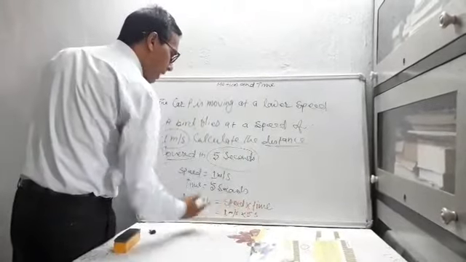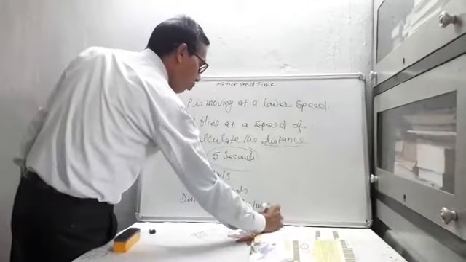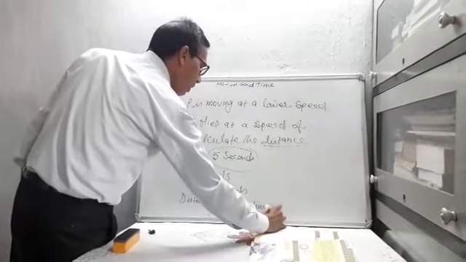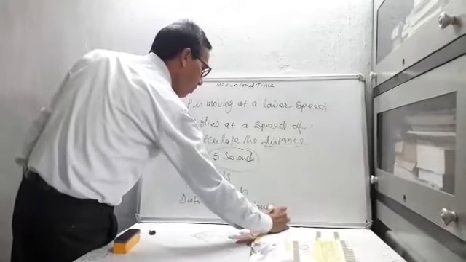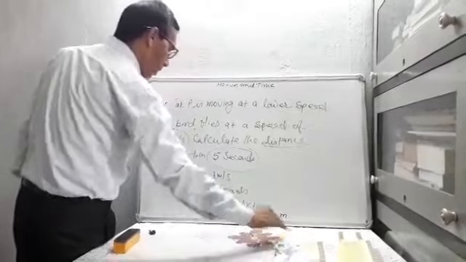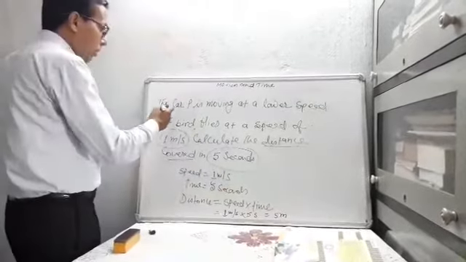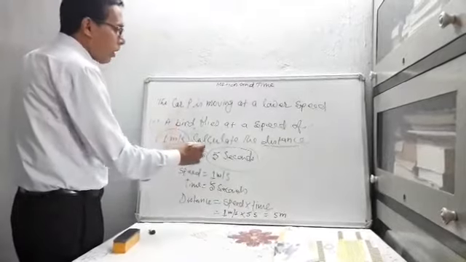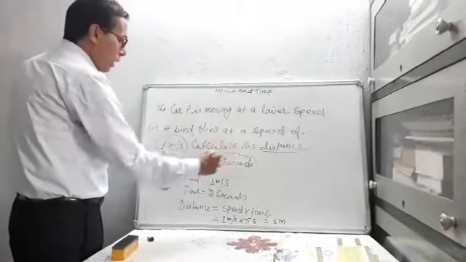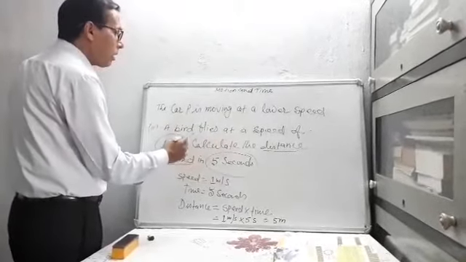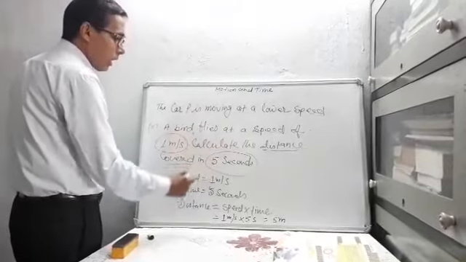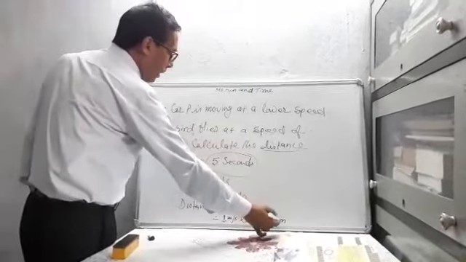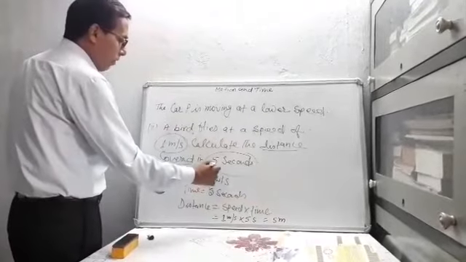The seconds cancel here. 1 into 5 is equal to 5 meters. So in this case, the distance covered by the bird is 5 meters in 5 seconds.